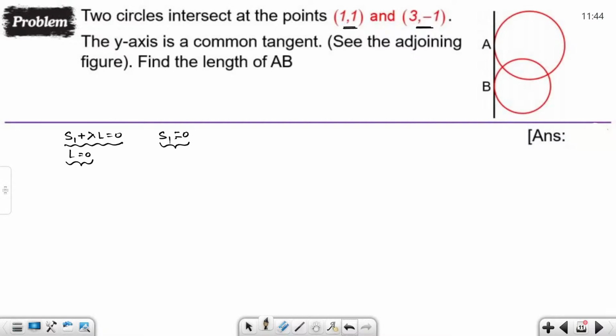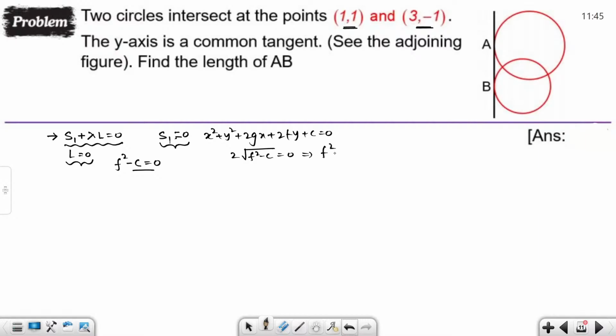So now, to get the value of lambda in this family of circles, we will put f square minus c equals to 0, because we all know that when a general equation like this one is touching the y-axis, then 2 times root over f square minus c equals to 0.